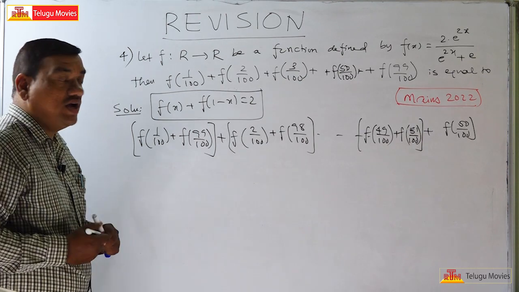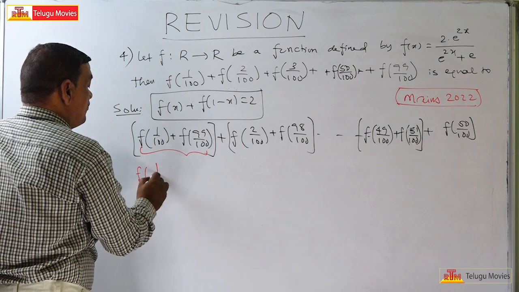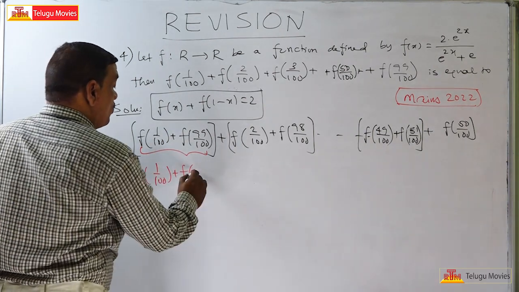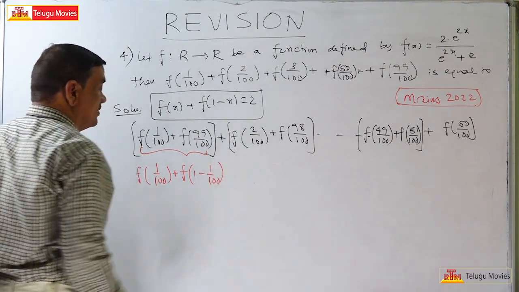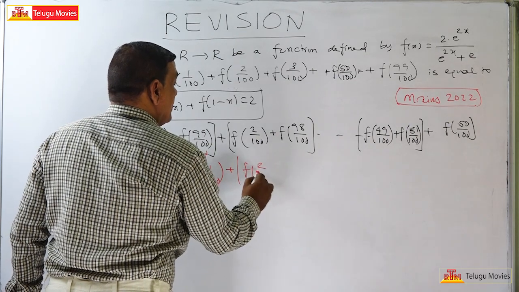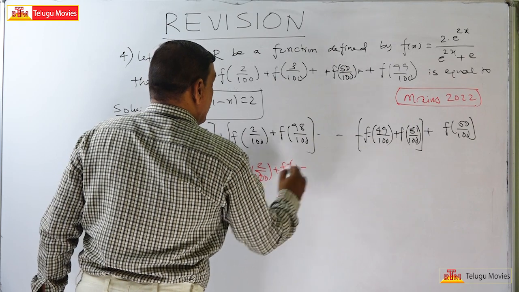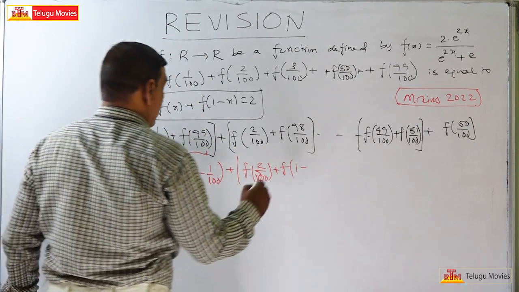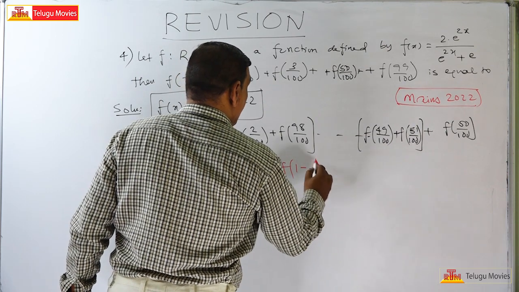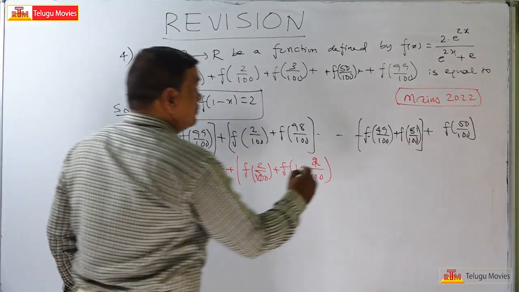See here, f of 1 by 100 plus f of 99 by 100, can I write 99 by 100 as 1 minus 1 by 100? Yes. This also, f of 2 by 100 plus f of 98 by 100, which is 1 minus 2 by 100, and so on.